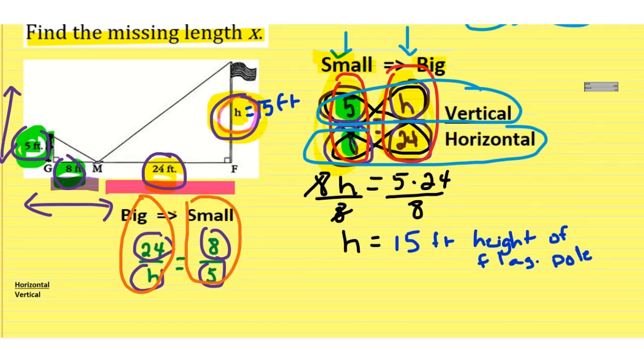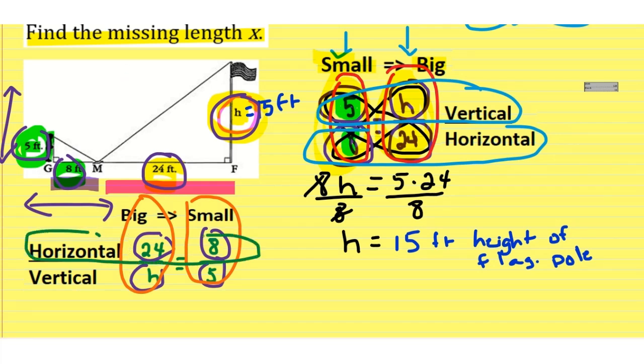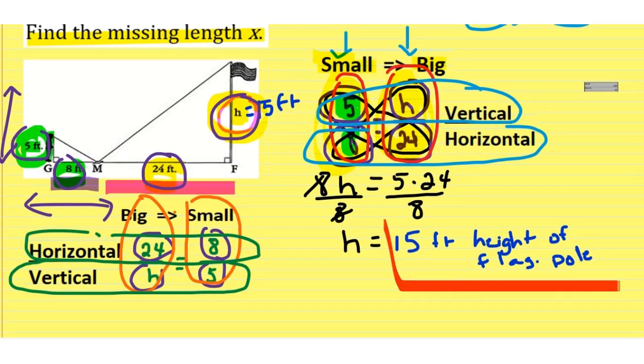So we can go either way, and also the horizontal and vertical. In the bottom proportion, the top numbers are horizontal numbers, that's the shadow lengths, and the bottom denominator numbers are vertical lengths going up and down. But anyway, we're going to keep going and learn some more about this.